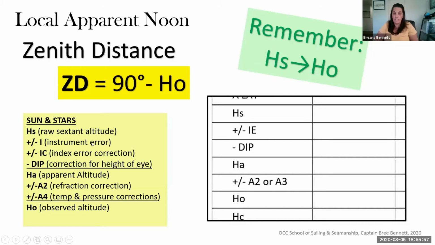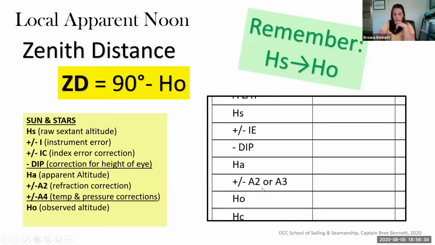We have our instrument error, which in most cases is always 0, so I didn't even put it on my little thing. Index error, so that's what we get before we shoot when our horizon's going to be at the same. So that's the error that we create ourselves before each site. So that's the index error. And then our dip is height of eye.